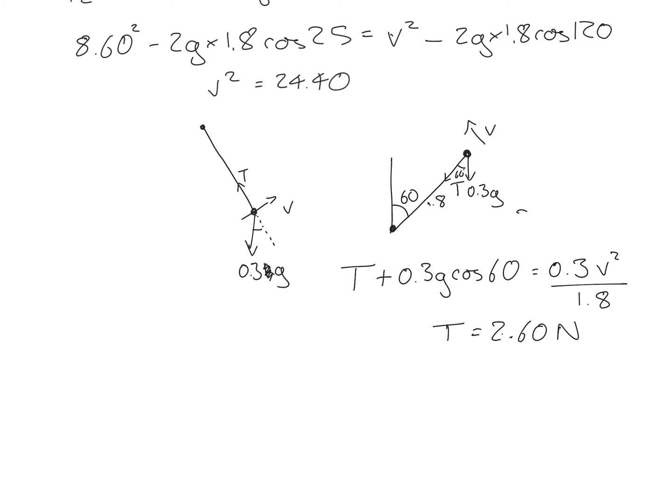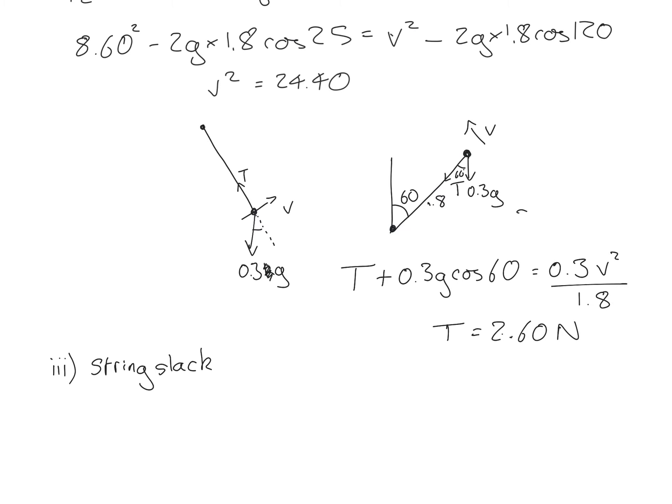Okay, then it says part 3, find the speed of the particle at the instant when the string becomes slack. So this is effectively a reverse of the question that we've just done. We're going to use the same formula.